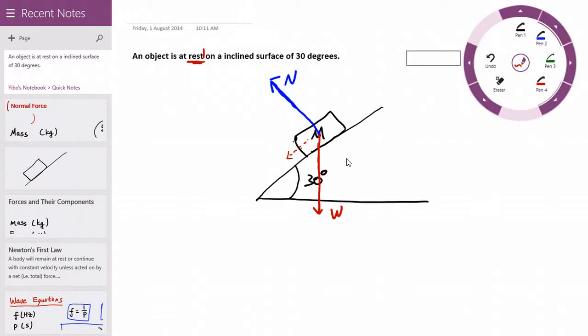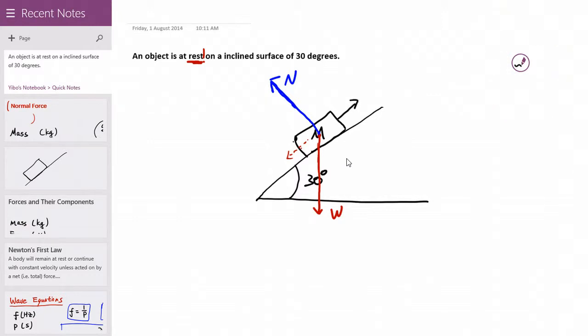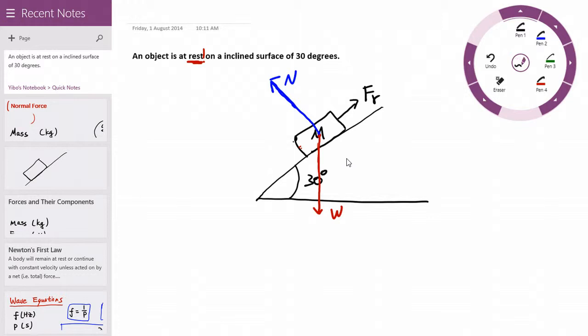In reality, there must be a friction force between the surface and the block. Friction. So it doesn't move down. This is the free body diagram of this object. It is at rest.